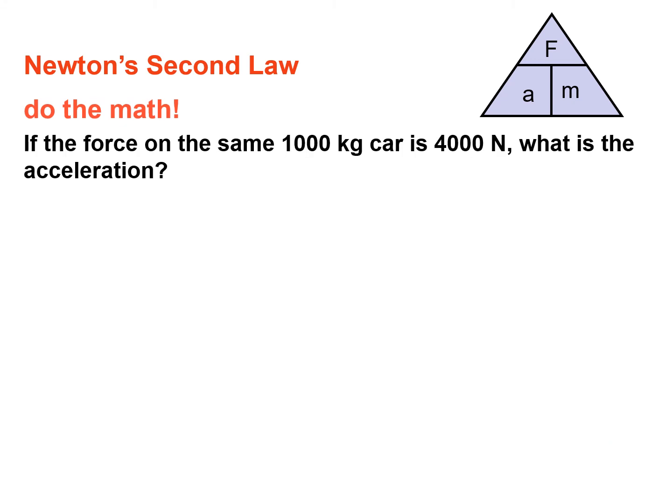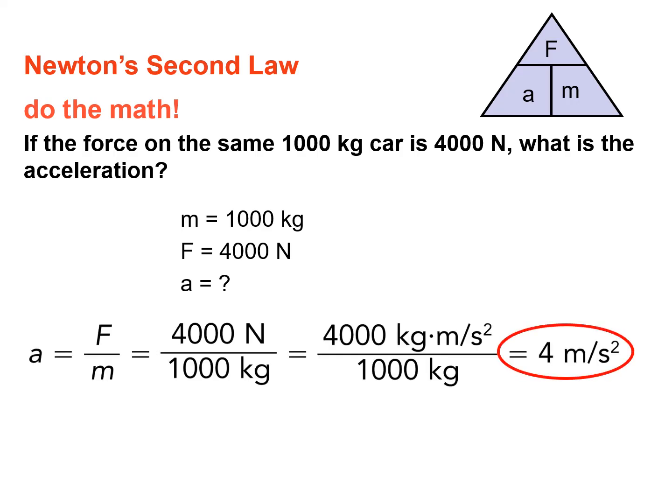Now if we have that same car, but the force is increased to 4,000 newtons, what is the acceleration? Well, we'd solve it the same way. Let's write down what we know. Mass is 1,000 kilograms. Force is 4,000 newtons. Acceleration equals question mark. We're obviously going to use the same equation, plug in the same set of numbers, except that it's a 4,000 instead of a 2,000 for force.